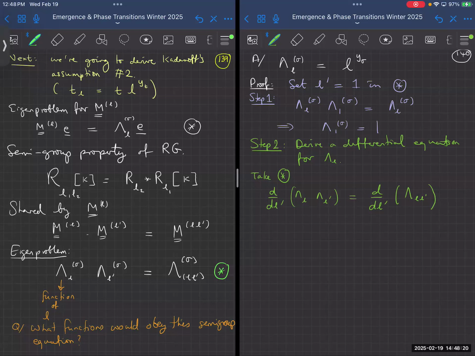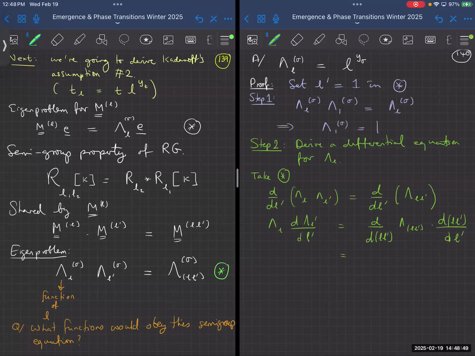So I can then say that lambda of L times d lambda of L prime by d L prime is equal to, and I'm going to use the chain rule, d by d L prime of lambda of L prime times d L prime by d L prime.